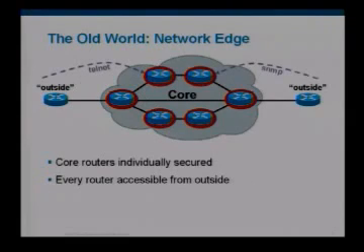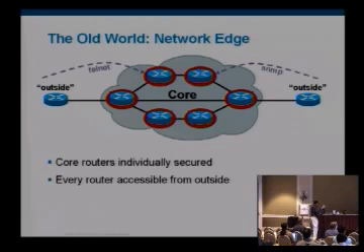So this is what the network looked like in the past, how people used to manage the network. There are different devices in your core. This is the external world. Initially, core routers were individually secured. The mechanism that people used was individual security, so all these red boxes are security on individual devices.